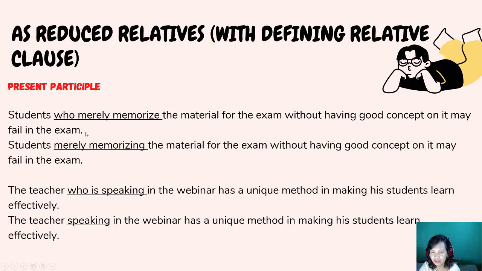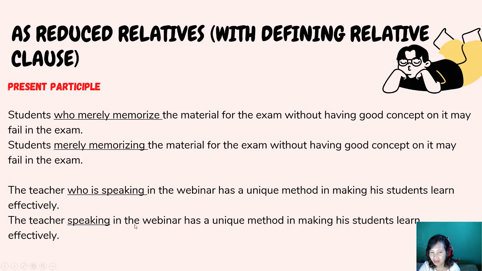I want to show you that actually the reduced relative that comes from defining relative clause can have some different tenses like simple present, present continuous, simple past, past continuous. But when we reduce this, you just have it in the form of present participle or verb 1 ing. That's why you just put memorize plus ing, and then you omit is also, so the teacher speaking.